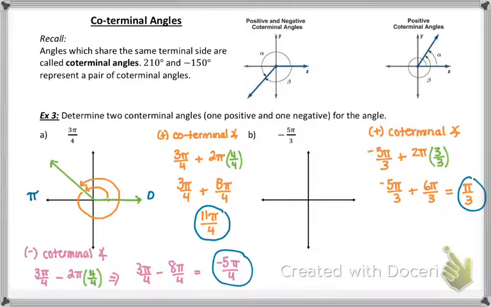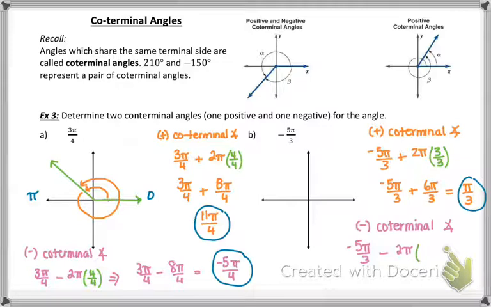And then to find the negative coterminal angle, which is really a negative angle, it just needs to be a negative angle that has the same terminal side as negative 5 pi over 3. We're going to take negative 5 pi over 3, and now we're going to subtract one full circle, which is 2 pi radians.